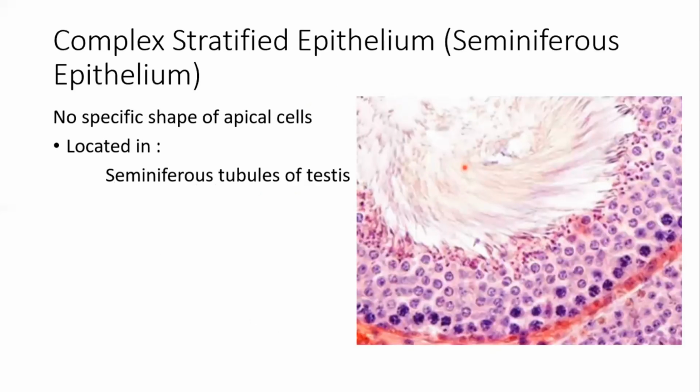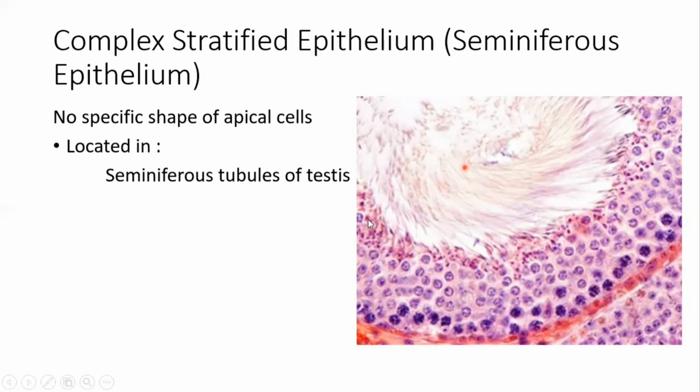So now another complex stratified epithelium. At the apical surface of this epithelium, you see cells that you cannot identify what type of cells they are. They're not similar at all to any other cells. The other cells, which are not at the apical surface, look cuboidal.